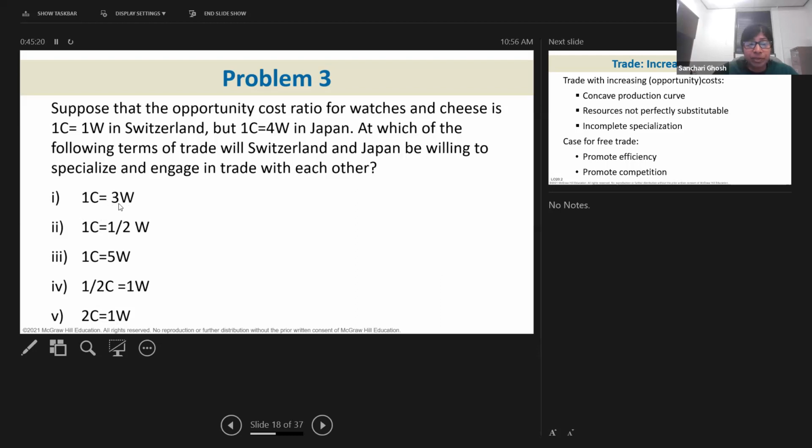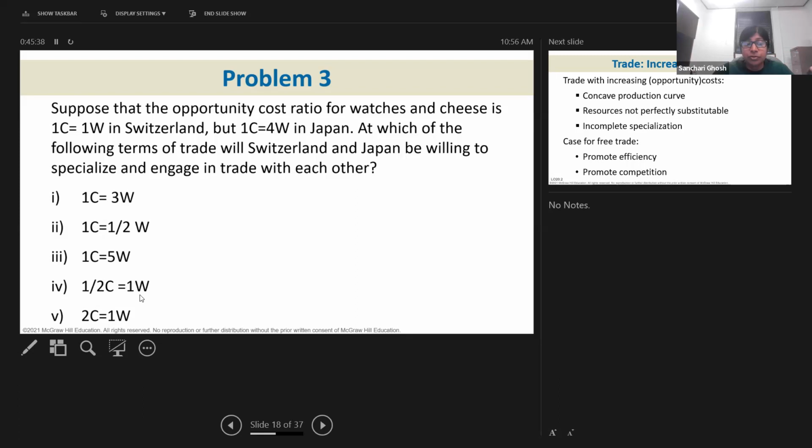Switzerland gains 3 watches. Japan is willing to sacrifice that many as long as it's not 4. 4 is acceptable because, as I just showed, Switzerland, for 1 watch, has to sacrifice only half of a cheese, good for Switzerland.